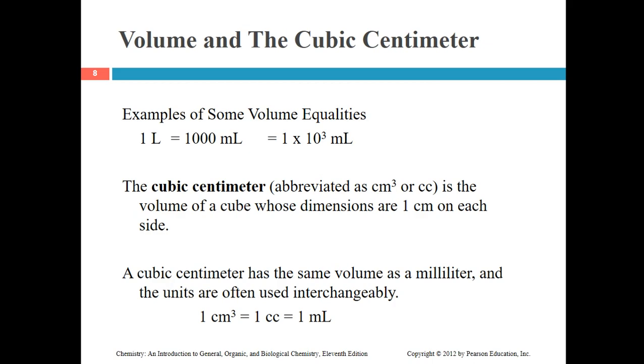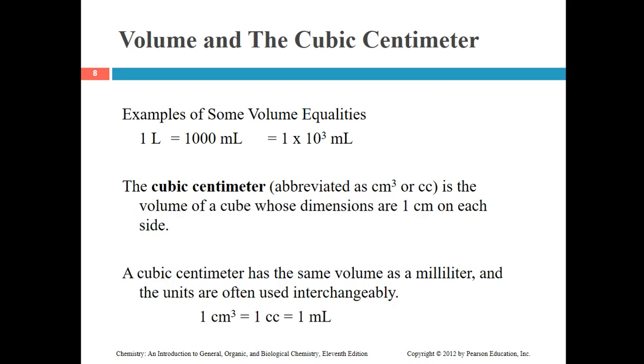When we're talking about liters, a liter is a volume unit, but if we measure the length times the width times the height of a cube, that comes out to be a cubic centimeter, or a cc. That also can be used as a unit of volume. And so here's a really, really important conversion, that 1 cubic centimeter, or 1 cc, is 1 milliliter.